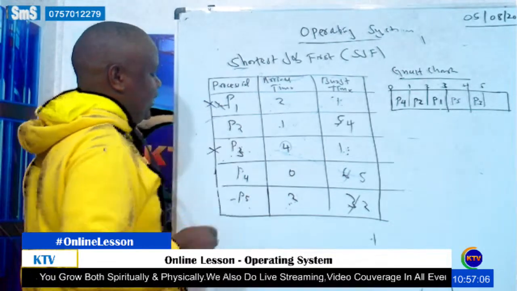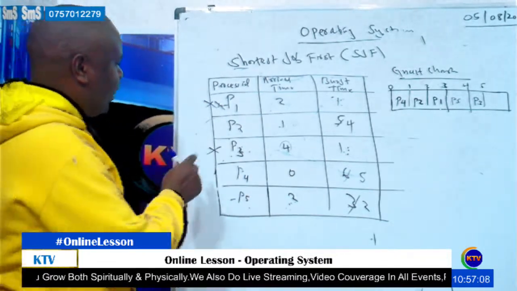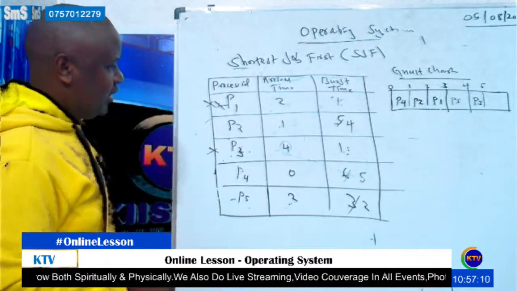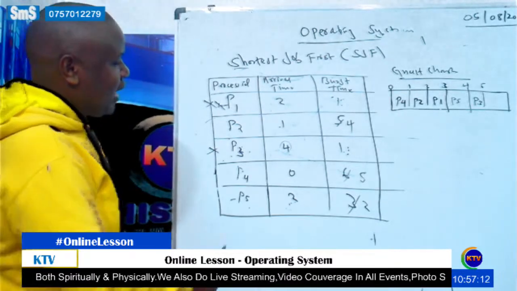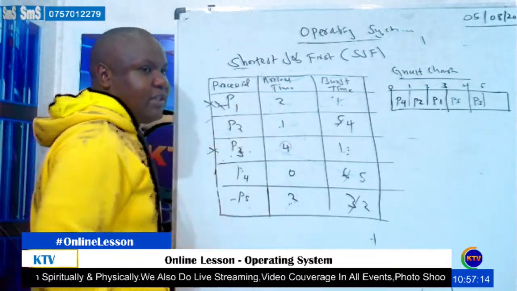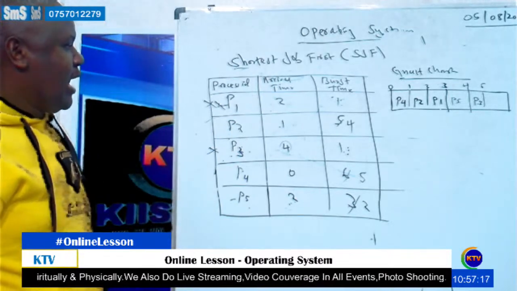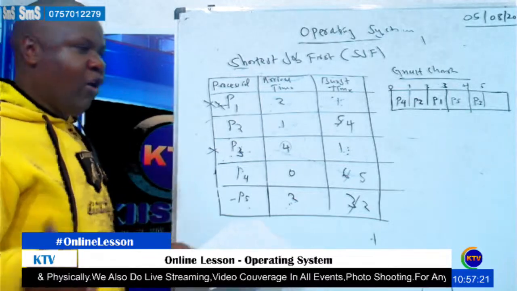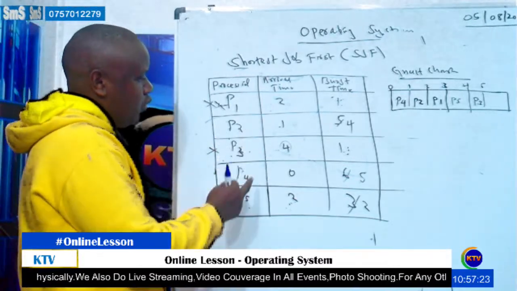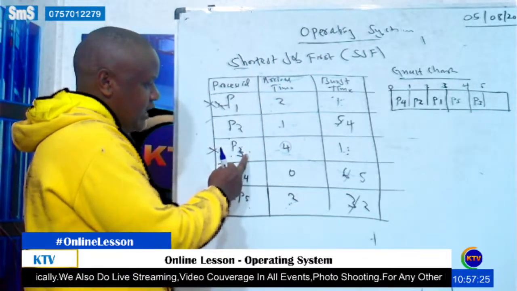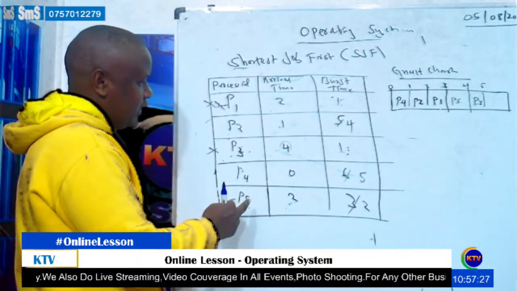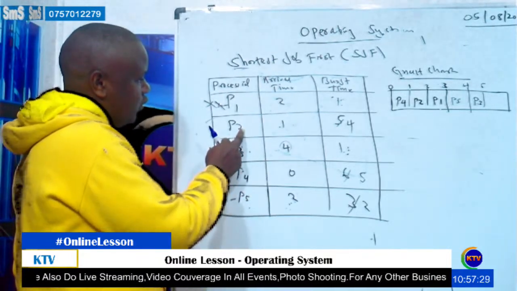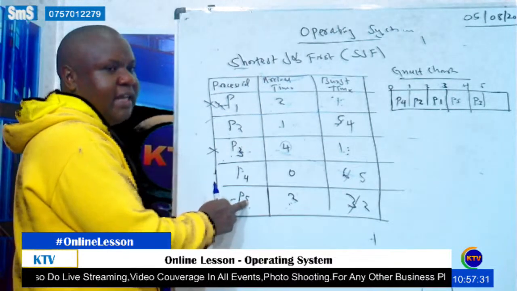So which one is going to be allowed in after this? Because at this time all the processes are already in the ready queue. All of them are now waiting: process 2, process 3, process 4 and 5 are in the ready queue.